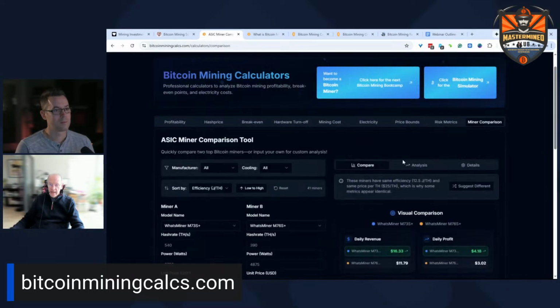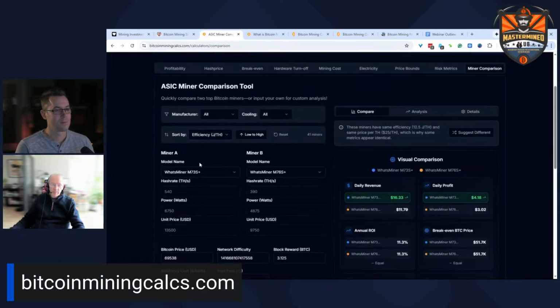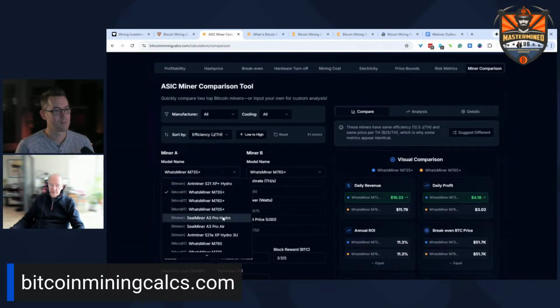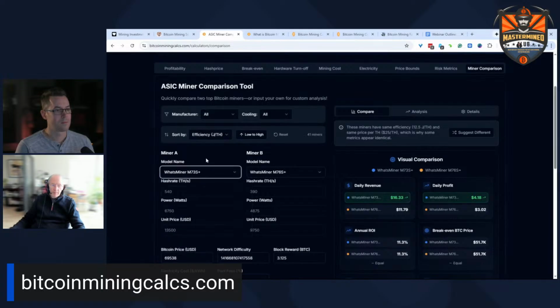And last in the professional tools is the ability to compare miners. You can put in the different kinds of miners. I think there are 40 miners that you can directly compare. It allows you to look at, in this particular example, your daily revenue, your daily profit, and your annual ROI.